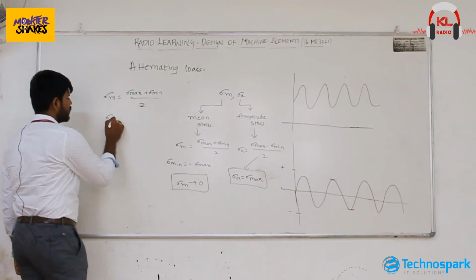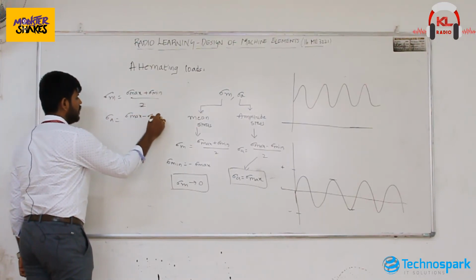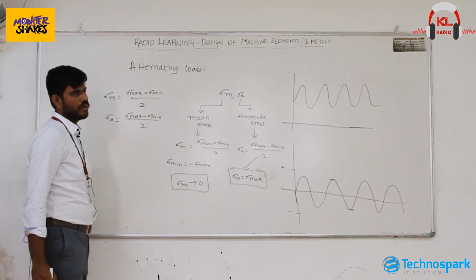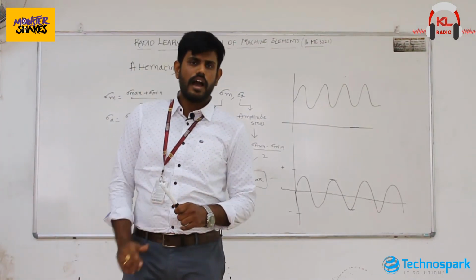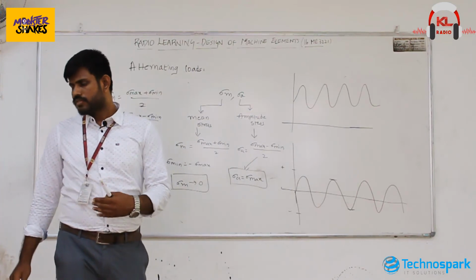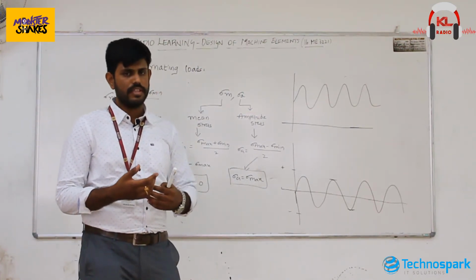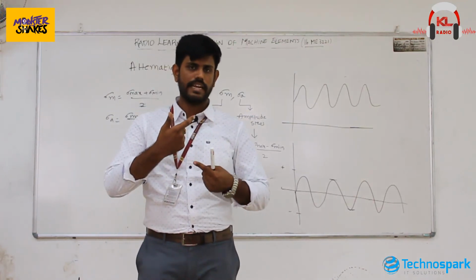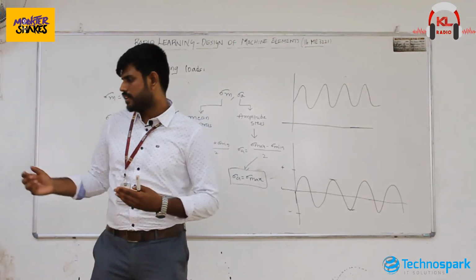In the same way, sigma a is equal to (sigma max minus sigma minimum) by 2. Both values exist in alternating stresses, so you have to design your machine component considering both amplitude stress and mean stress.